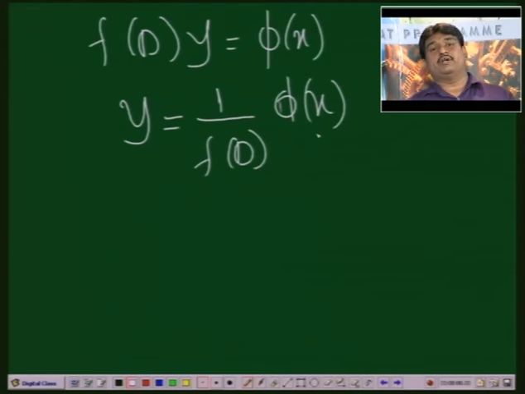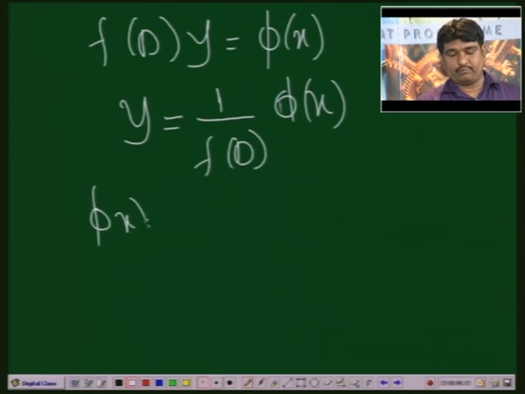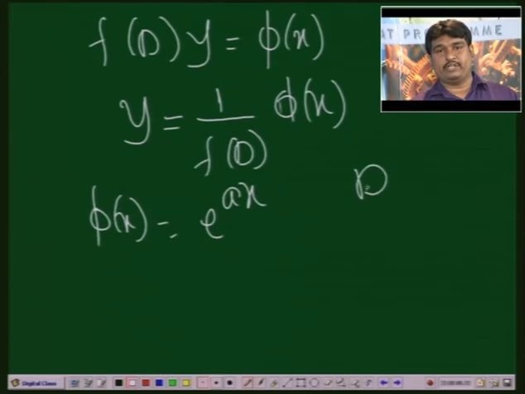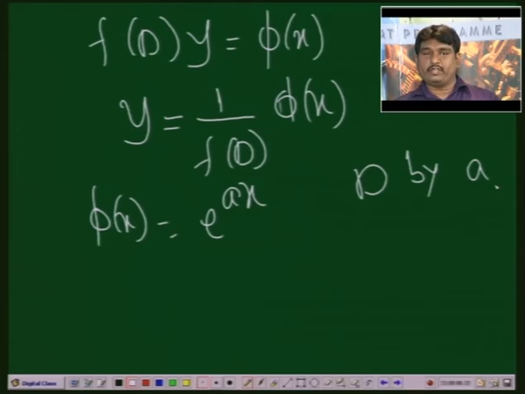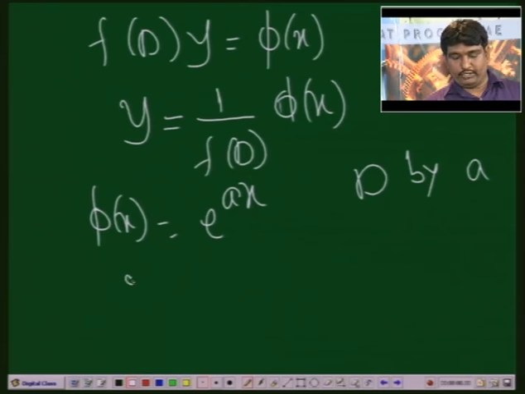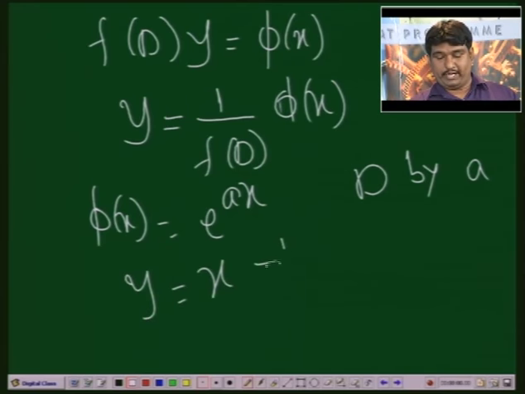We have some shortcut techniques when phi of x takes standard forms. As you know, when phi of x is e to the power of ax, the rule is we just replace D by a in the denominator, provided the denominator is not equal to 0. If the denominator becomes 0, then the rule is x into 1 by f dash.